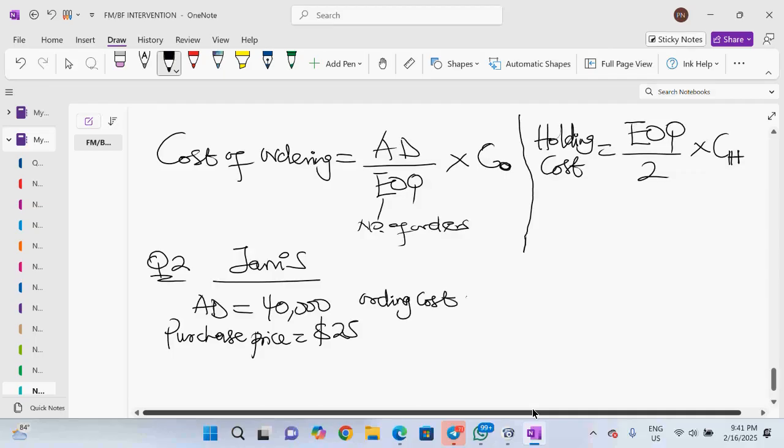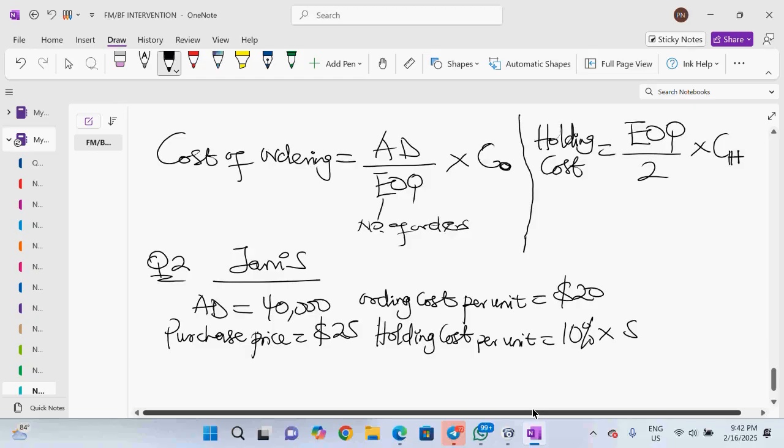Ordering cost per unit is $20. And holding cost per unit is 10% of the inventory value, that is, of the purchase price of $25.